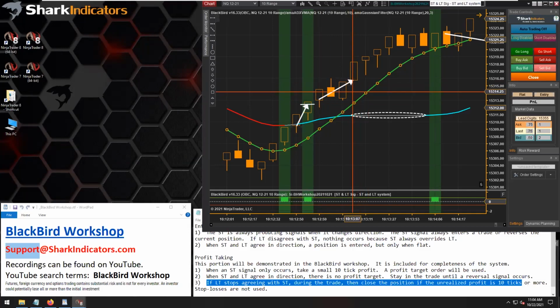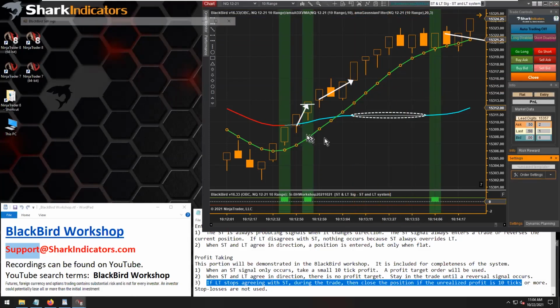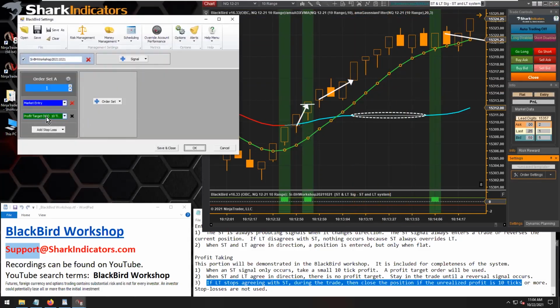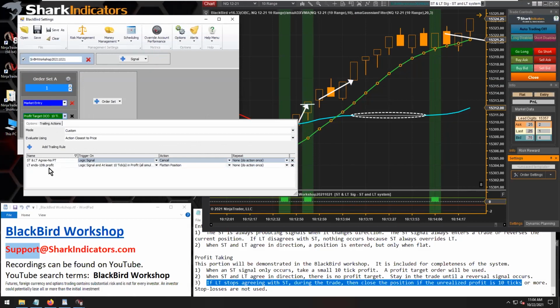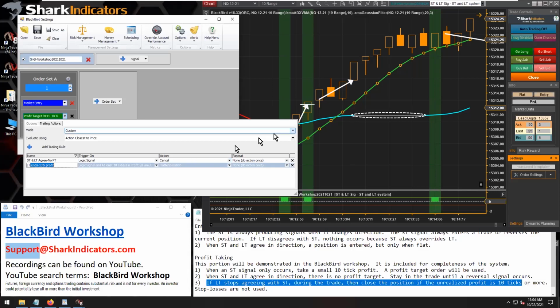So by the time we get over here, where the long-term no longer agrees, there's no profit target to run this trailing rule, right? The profit target's gone. So we're going to have to adjust this canceling here, right? We're going to have to undo the canceling, because that would just ruin this type of scenario situation here.